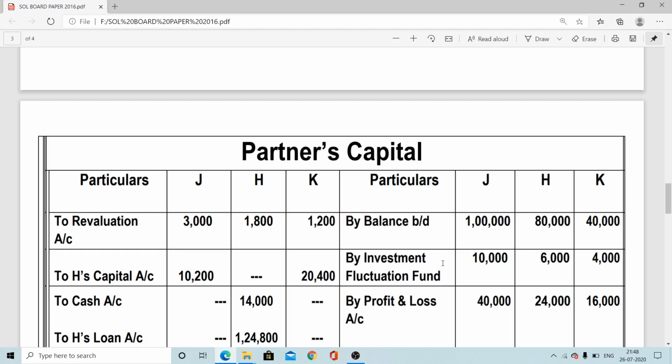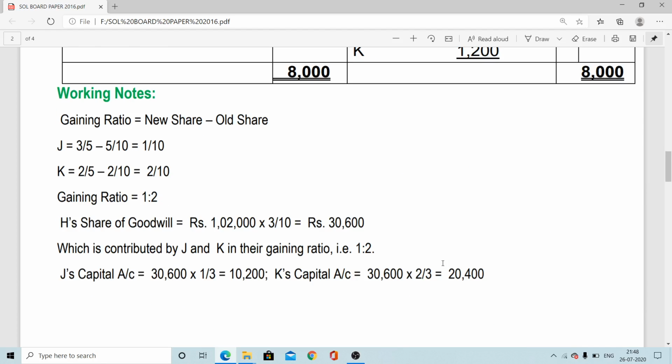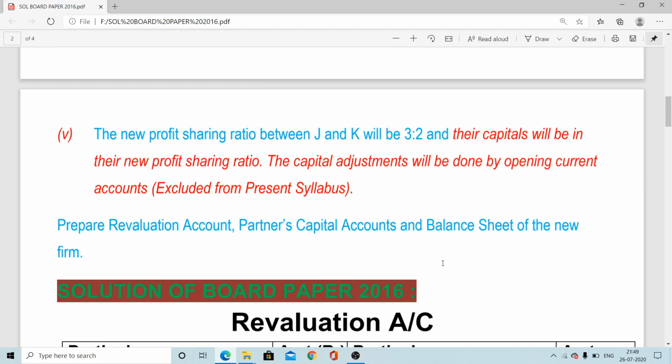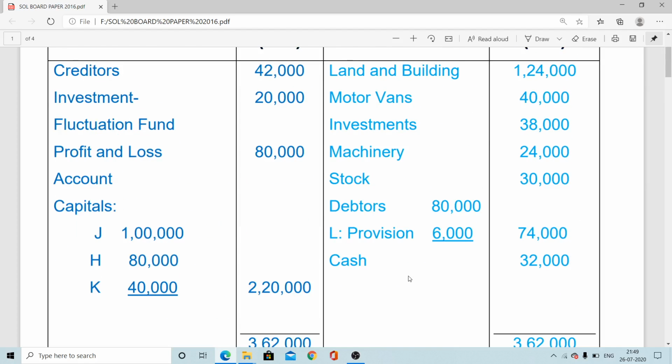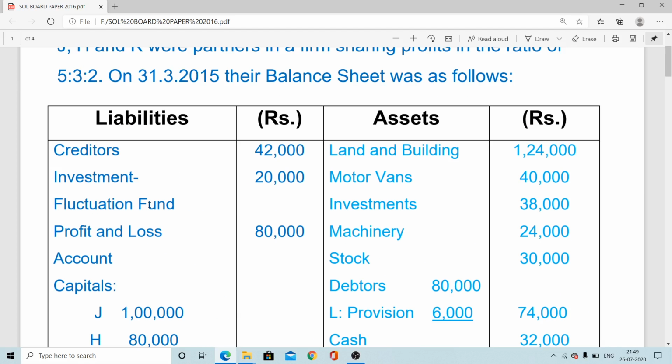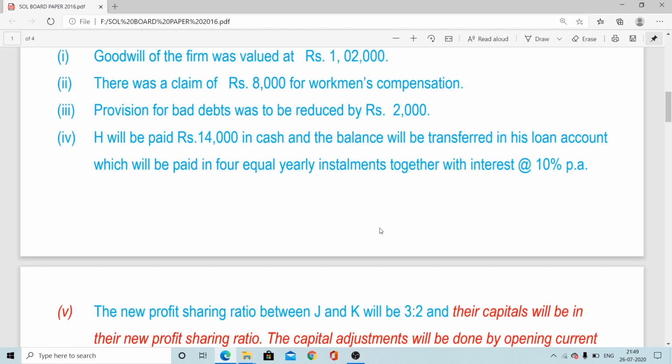Regarding the investment fluctuation fund, I already told that here the investment fluctuation fund is provided as 20,000, and the investment is 38,000, but in the adjustment no changes take place, as the investment is not reduced, so there is no need to deduct that fund.